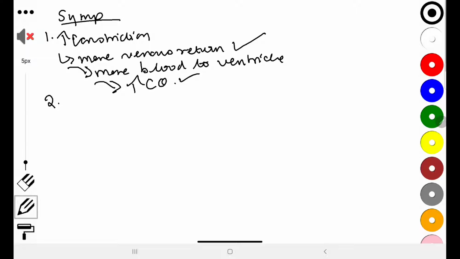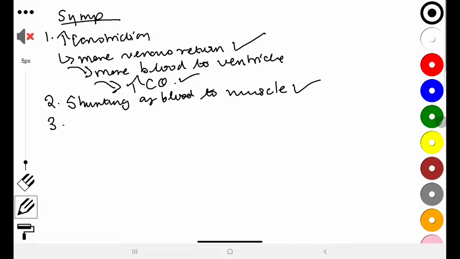Secondly, you will find that it will reduce the flow of blood to places like the GIT and shunt it to muscle. So there's shunting of blood to muscle. This is good as well because you want to have as much oxygen in the muscle which you are using to do the exercise.